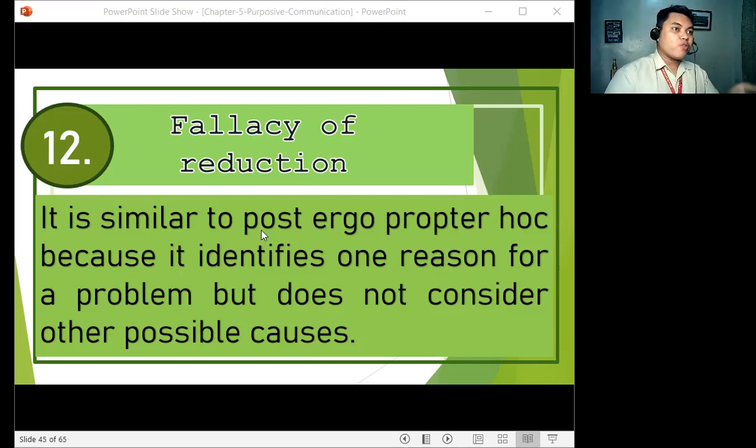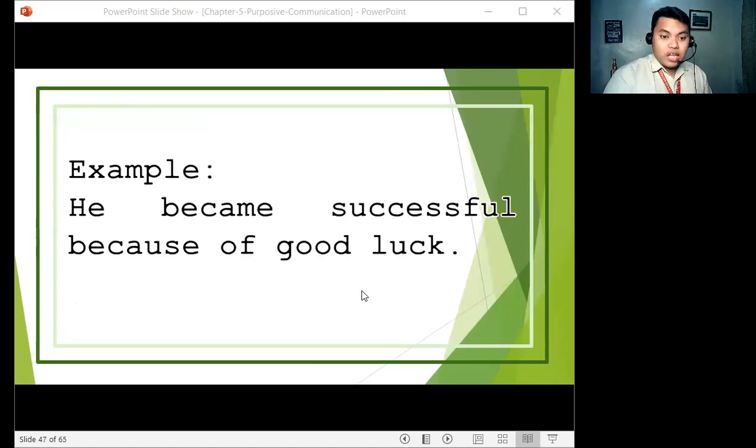In post ergo propter hoc, superstitious belief. In fallacy of reduction, you are trying to identify one reason only. Okay? There is still a belief, but you are trying to identify that one belief only without considering other possible causes. Just because of good luck, you were able to become successful, or you will become successful. Basically, that's a big question.